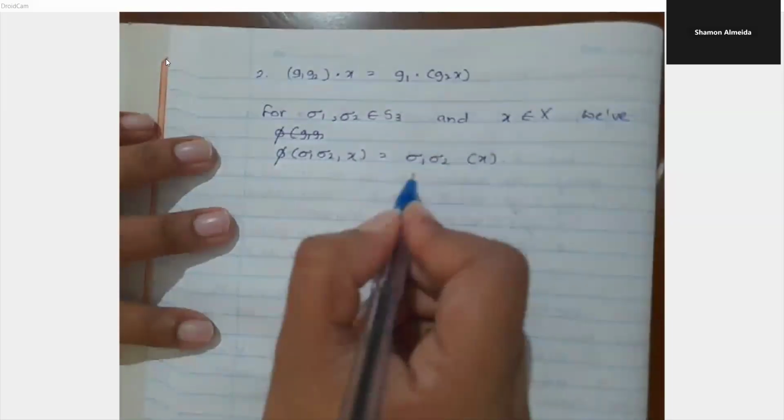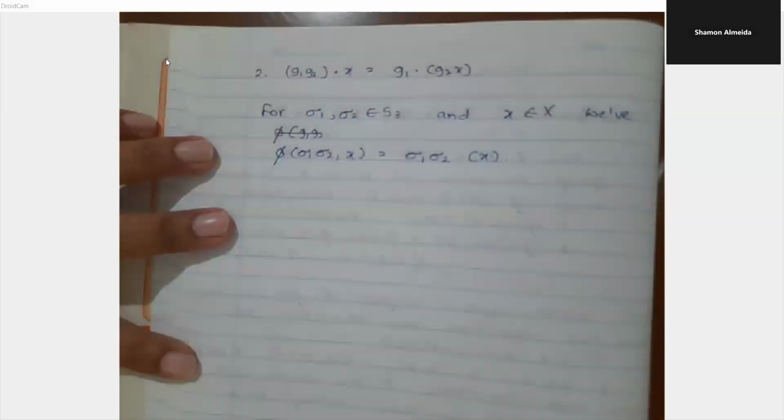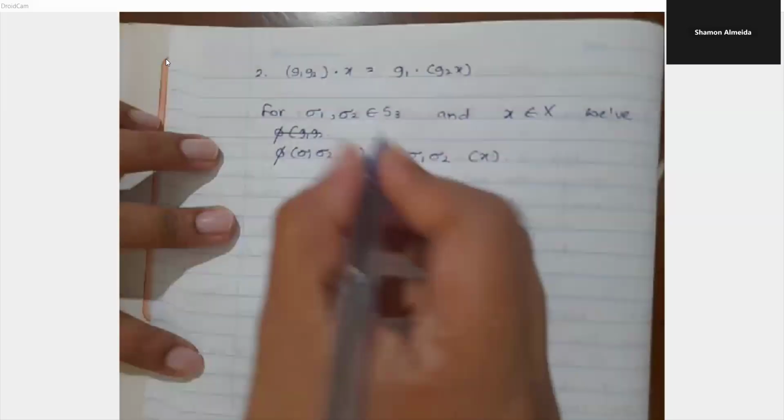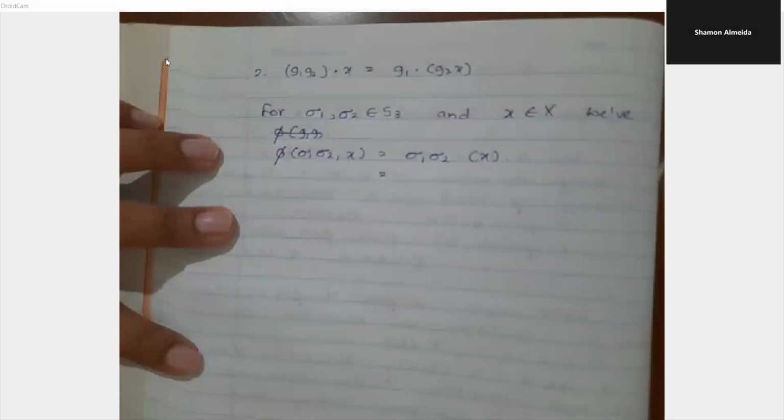What do we mean by multiplication over here? It's given as a product. What does it mean when you see the product of two permutations? This is simply function composition, right?